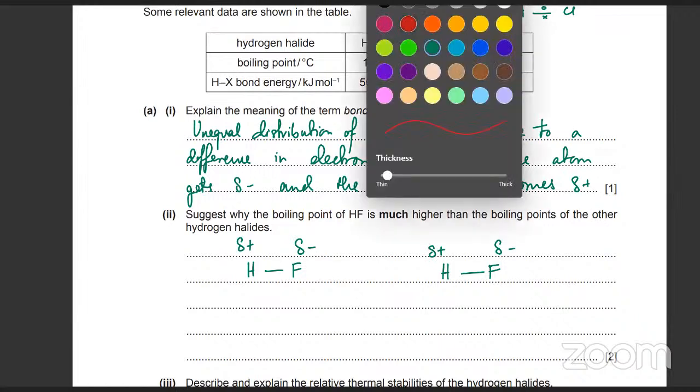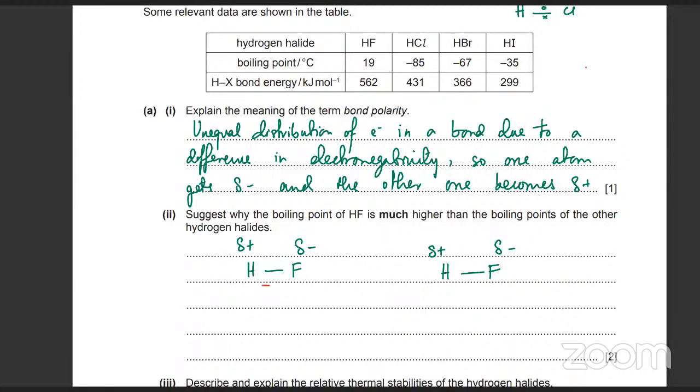And there's another reason why the fluorine atom is going to be more polar: fluorine has a bunch of lone pairs as well. Because of those lone pairs, the negative charge is even greater, so the attraction is a lot more.